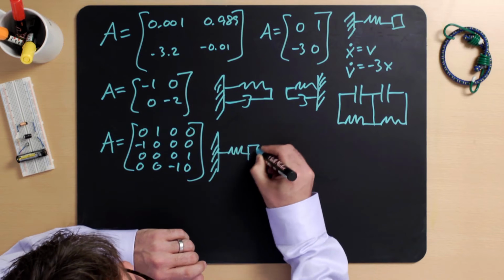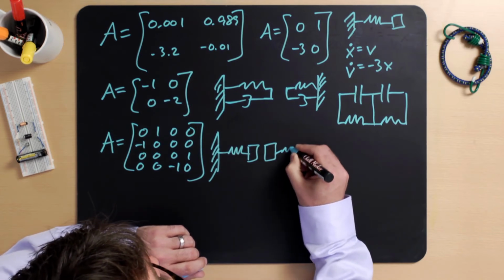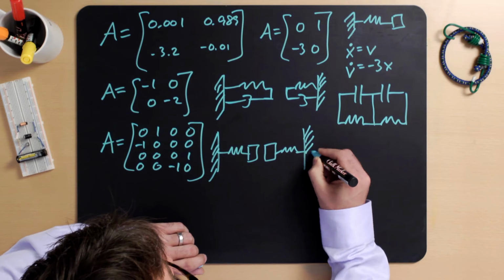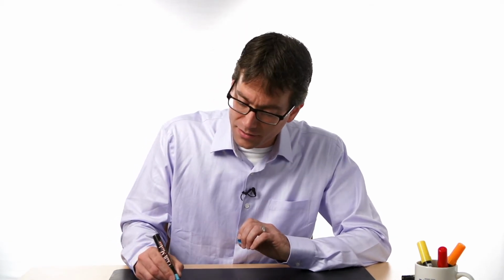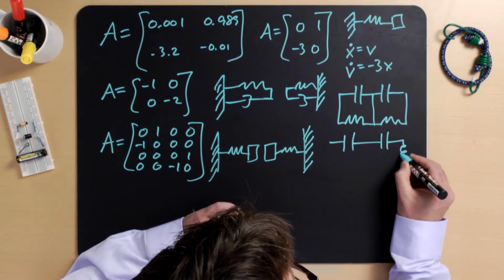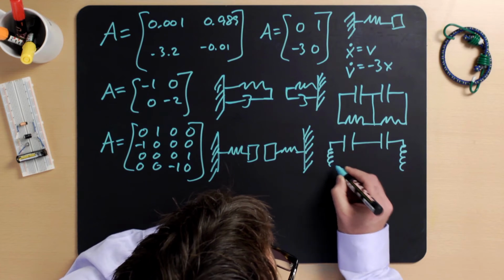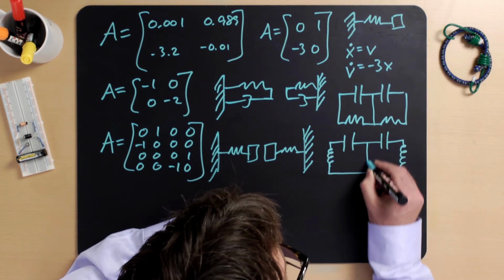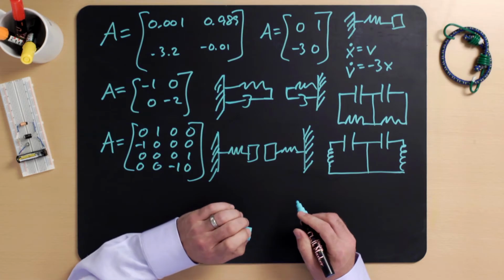A spring and a mass, another mass, and a spring. Or a capacitor-inductor circuit that looks like this. Two capacitors with inductors on either side, and that then are connected with a wire in the middle.